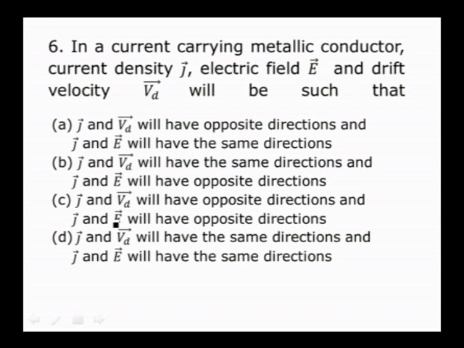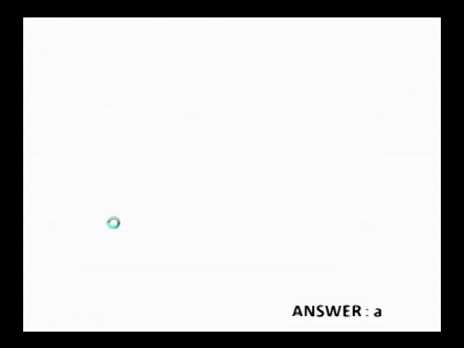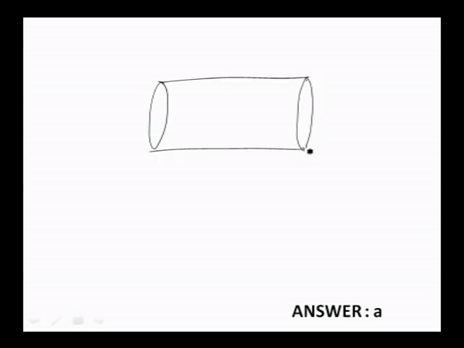The answer for this: if you draw the conductor like this, here we are going to apply the potential. This is the higher potential and this is the lower potential. It consists of free electrons. When we apply the potential difference, the electric field is developed in the direction opposite to the motion of the electron, in this direction. The electron moves with the velocity Vd like this.